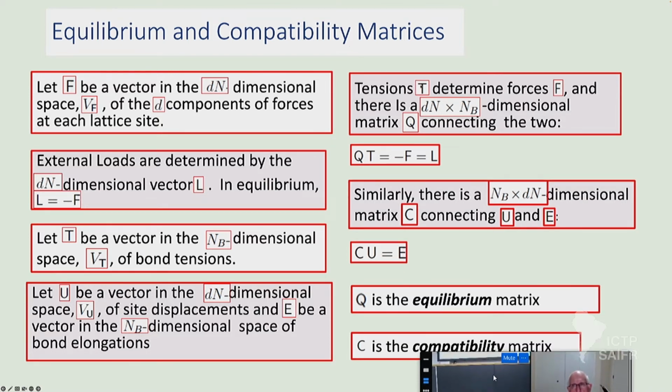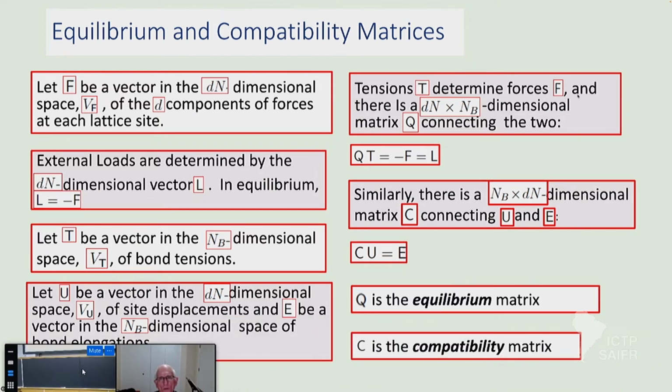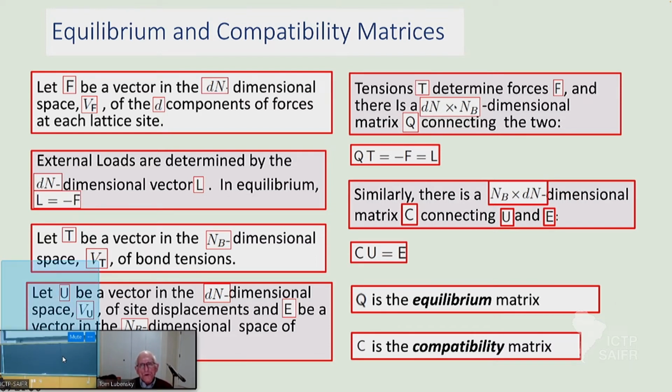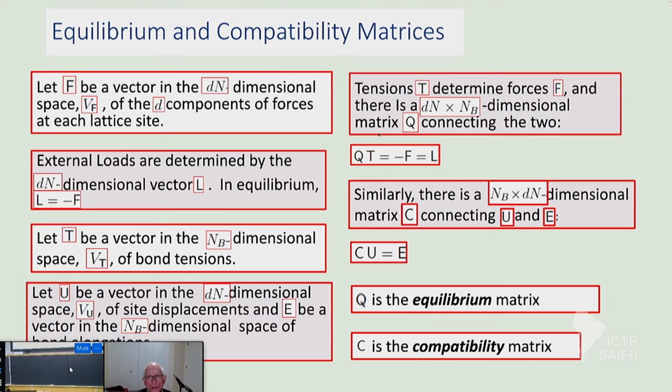So the tensions determine the forces F, and there is a dn by N_B matrix Q connecting the two, right? So we have QT is minus F is equal to L. This is an algebraic relationship, which is true by construction.